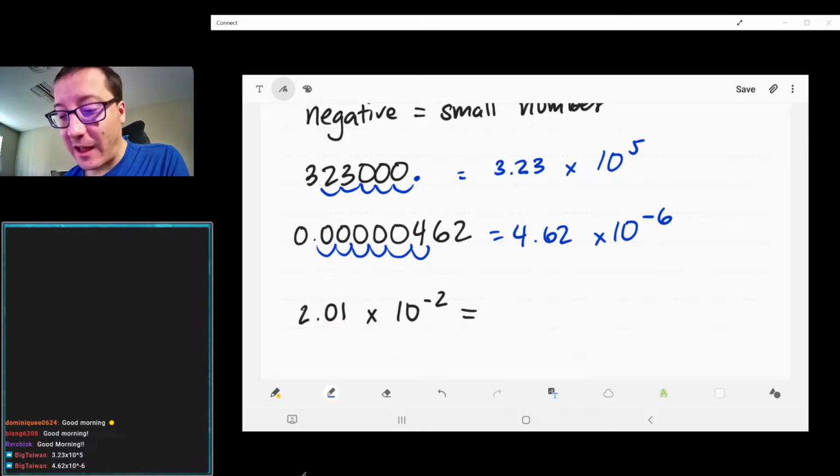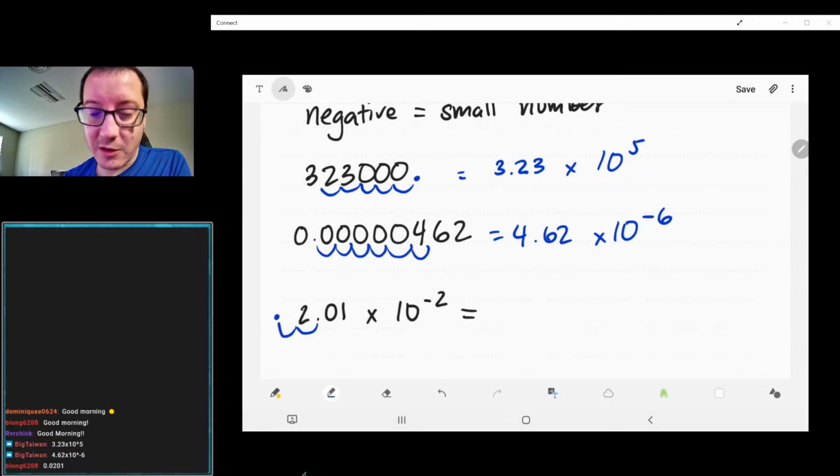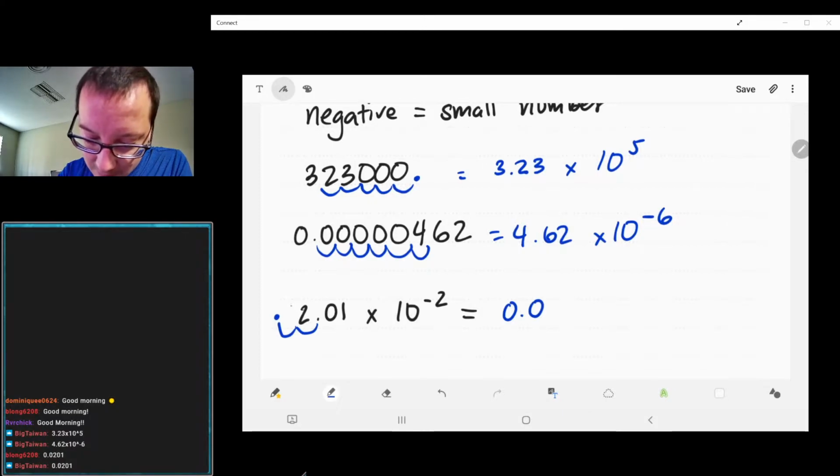So if we have a negative exponent and we want to turn it back into a regular number, we would have to do the opposite. So this time we're going to have to go left. That's why I don't like this left and right, because it's troublesome that way. But we can see right now this number should be less than 1 because it has a negative exponent. So we're going to have to move our decimal place twice. So it's now going to be over here, which tells us that this number is 0.0. That's what that first one should be. We're going to have to put a 0 here.